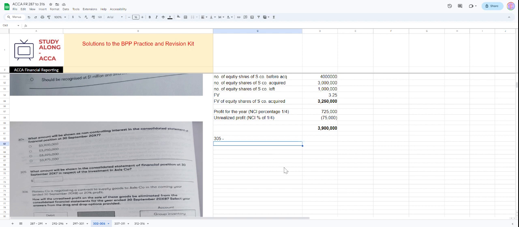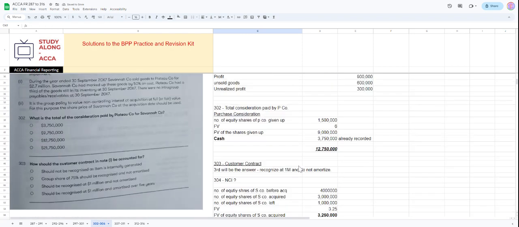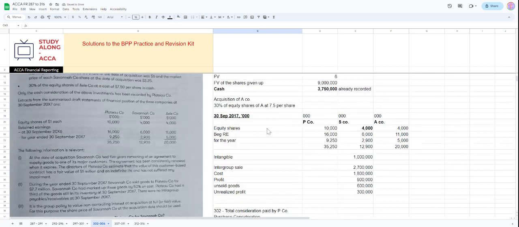What amount will be shown in the consolidated statement of financial position in respect of the investment in A company? Okay, so they have acquired 30% of it. A company also at 400,000 and they acquired 30% of it.